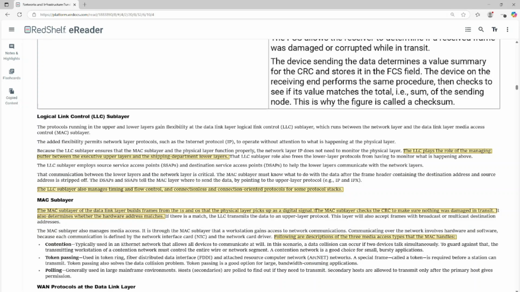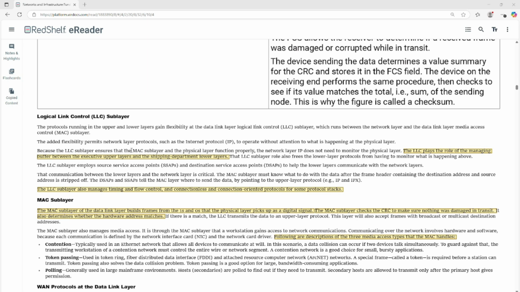Okay, the two things you have to take note of at the data link layer. The data link layer has got 2 sublayers. It's got the logical link control sublayer, and it's got the MAC sublayer. And MAC just simply means media access control sublayer. The roles of the sublayers are actually what make up all the responsibility of the data link layer.